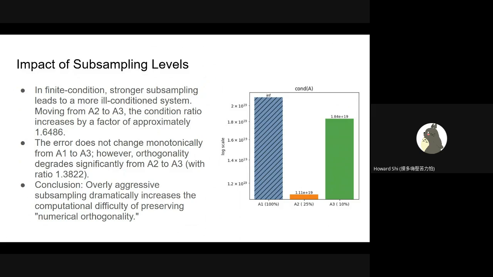Finally, let's consider the impact of subsampling levels on conditioning and orthogonality in the finite condition region. Moving from A2 to A3, stronger subsampling led to a more ill-conditioned system. Specifically, the condition ratio increased by a factor of approximately 1.64, while the overall error did not change monotonically from A1 to A3.